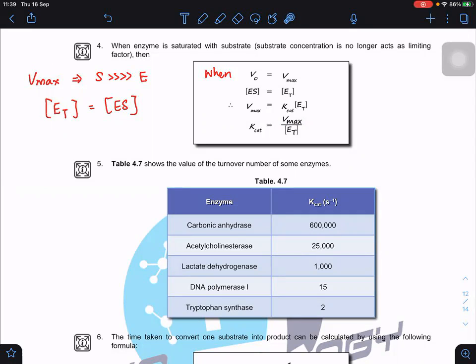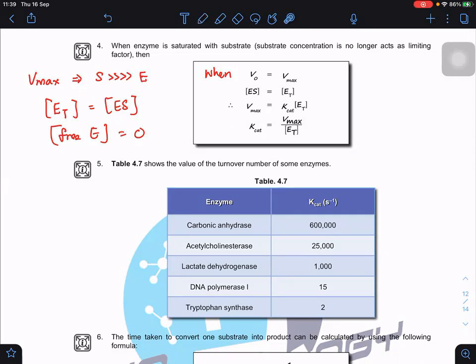Are you clear? It's the concentration of the total enzyme, not free enzyme. In this case, free enzyme equals 0, right? No more free enzyme already. Free enzyme concentration will equal 0.